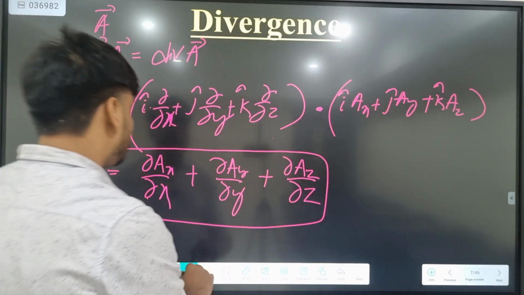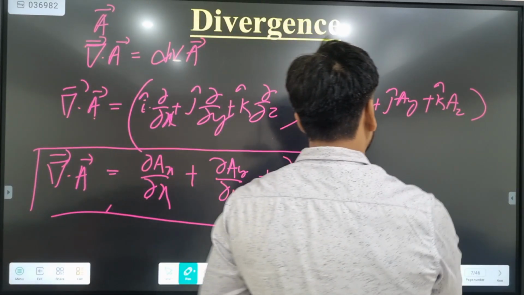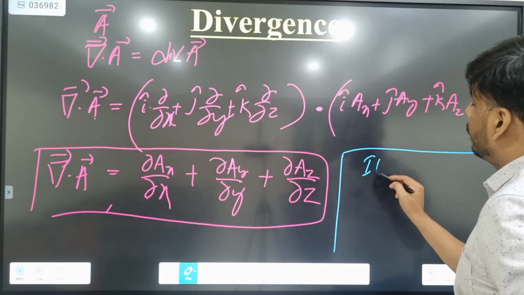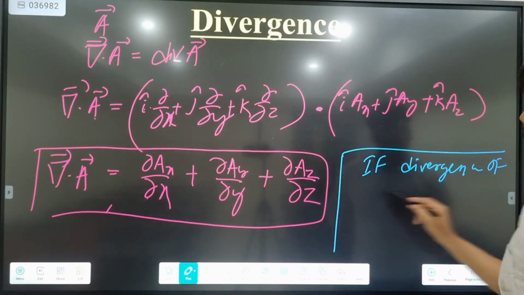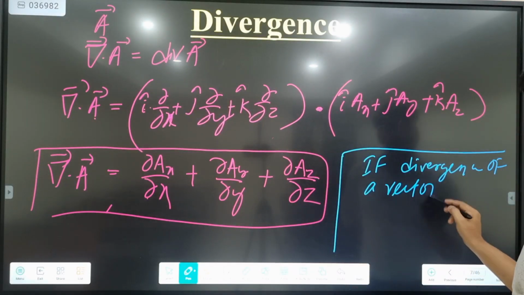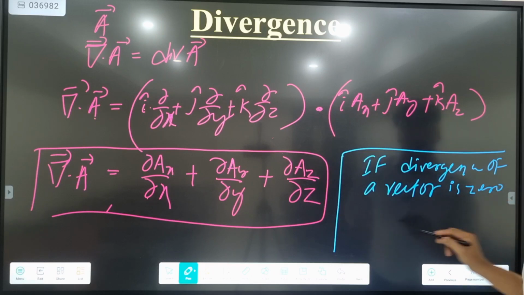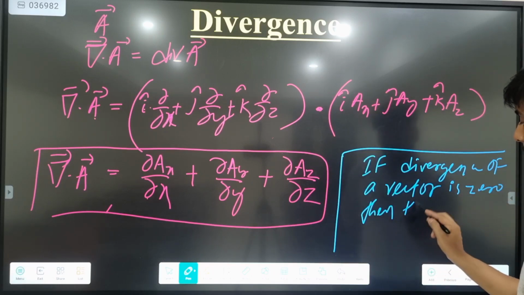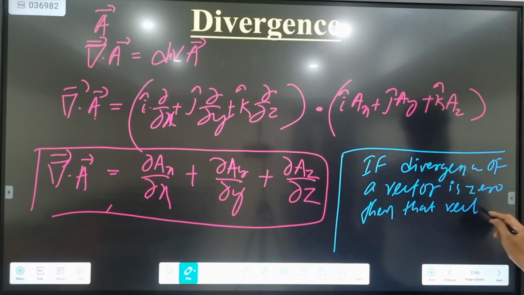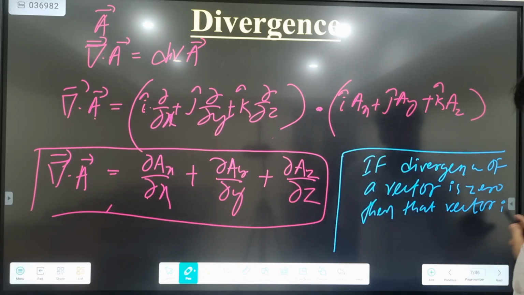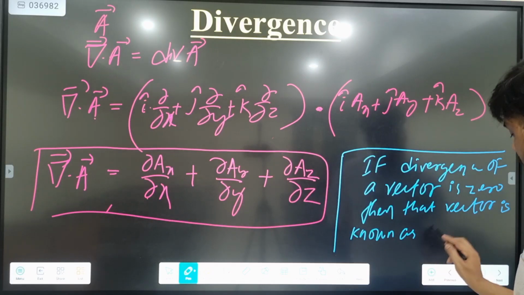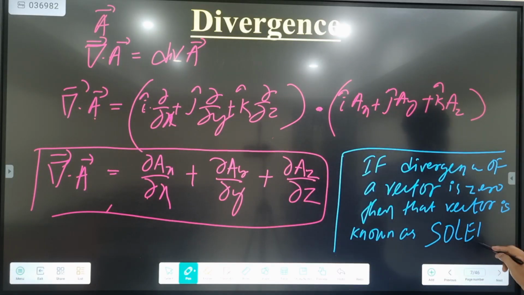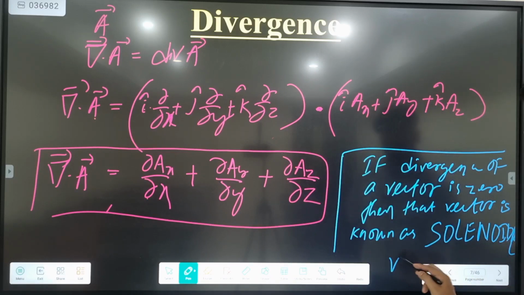And always remember one important thing here. If divergence of a vector is 0, then that vector is known as a solenoidal vector.